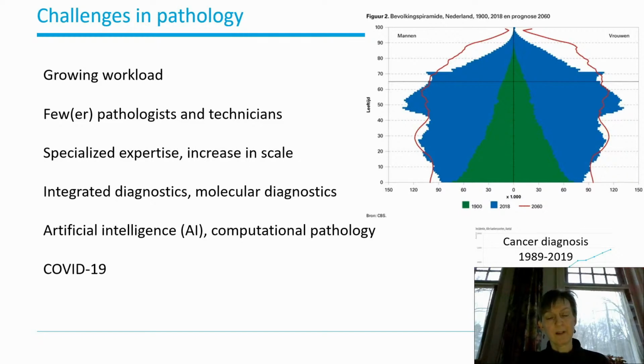And then there is the growing demand for molecular diagnostics in several fields of pathology, and this really needs more integrated diagnostics. And finally, there is the exciting new application of artificial intelligence in the form of computational pathology. And of course, the COVID-19 pandemic was also a changer in workflows of pathology.